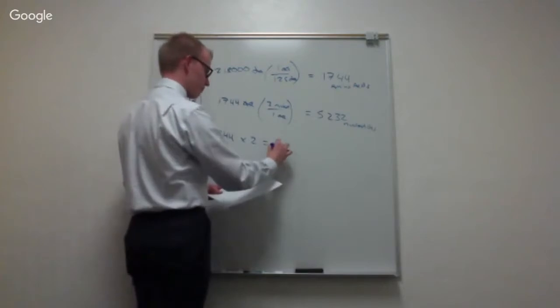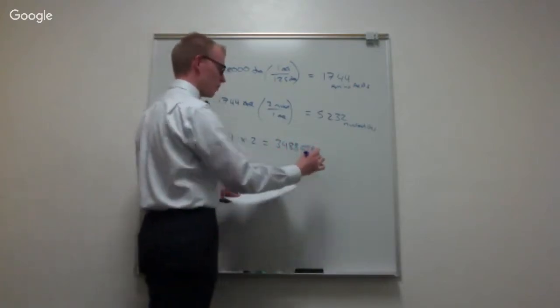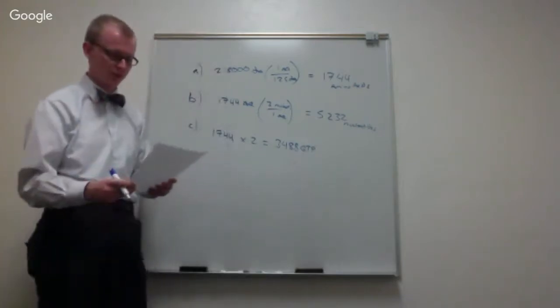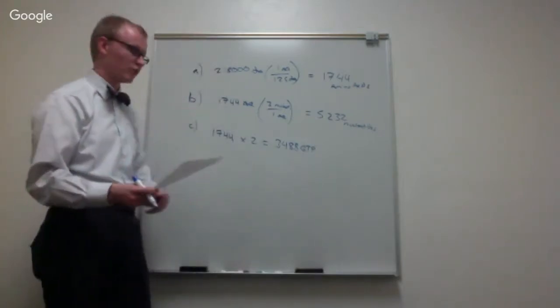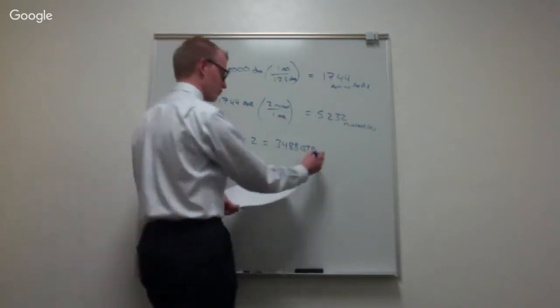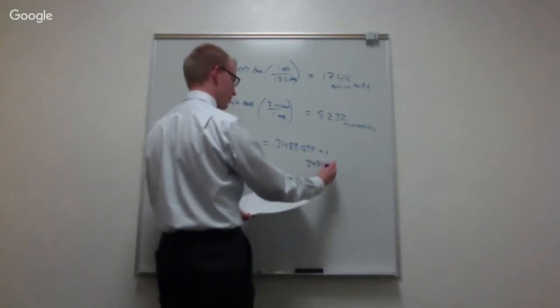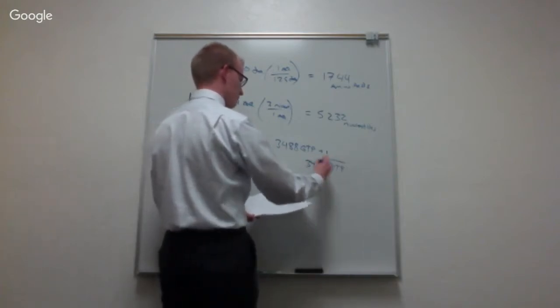It's going to give us 3488 GTP. But we also have to remember that there's 1 GTP required to dissociate the ribosome from the mRNA. So we'll just add 1 right there. Give us 3489 GTP.